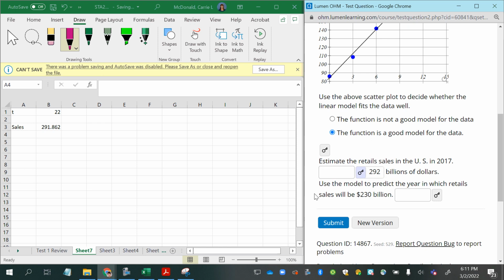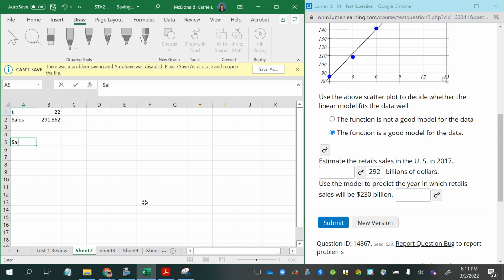Yes, okay. And then use the model to predict the year in which the sales will be 230 billion. So before, they gave us the year and asked us to find the sales. Now they're giving us the sales and asking us to find the year. Find t and then use that to find the actual year. So t is just the number of years since 1995, and then we want to convert that into a year.